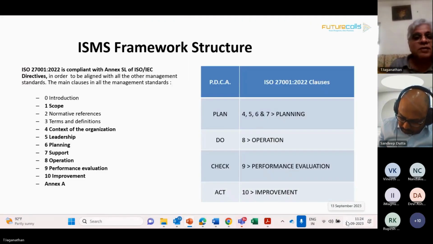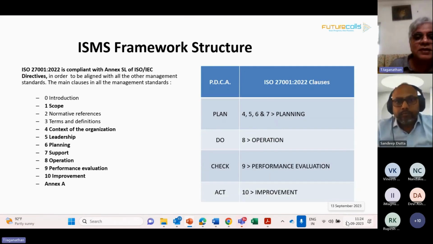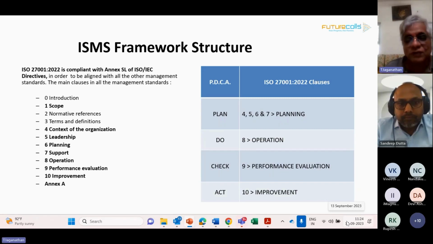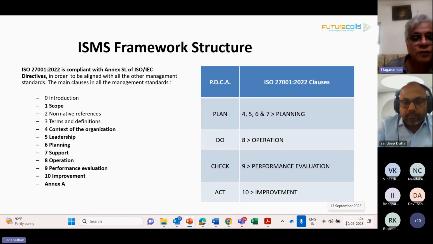Right. Framework structure. First, we will divide it into two sets. We can't even say two sets of controls. The word framework is not used in the standard.